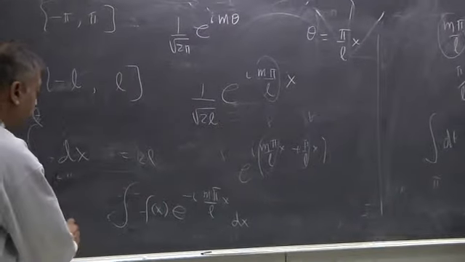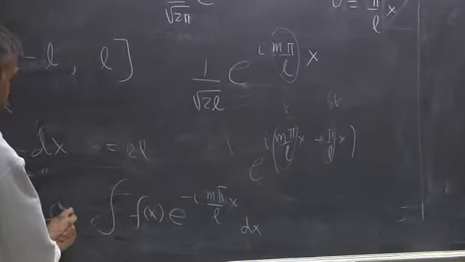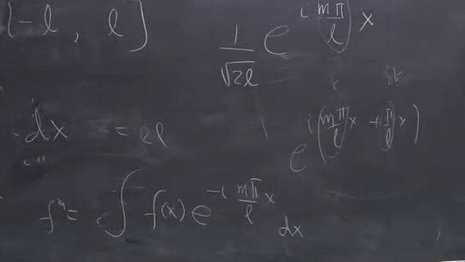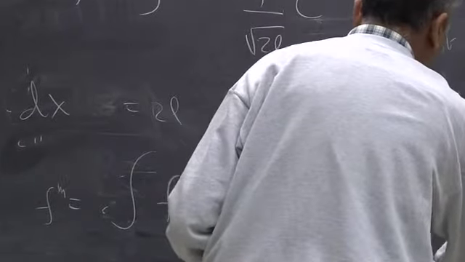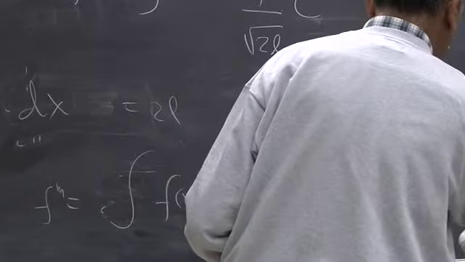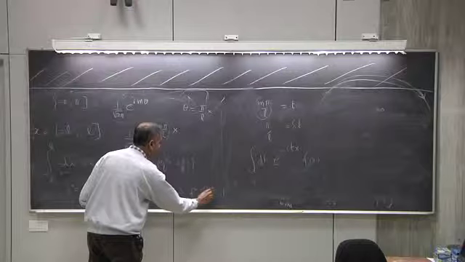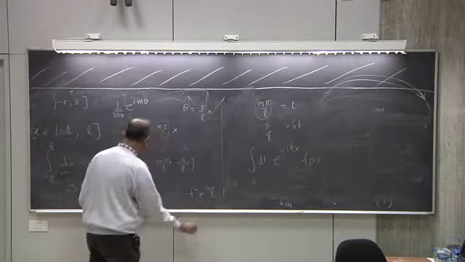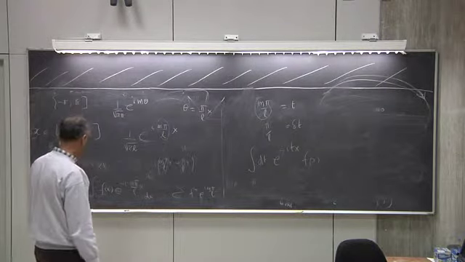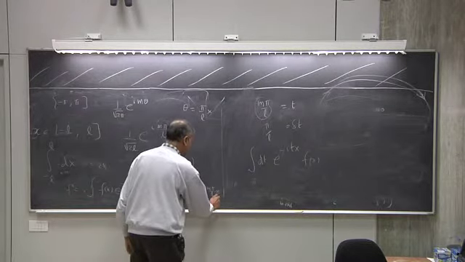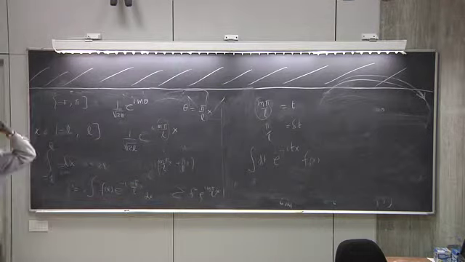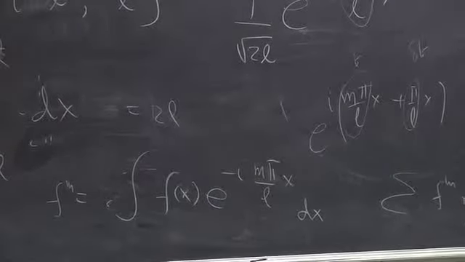That gave us the Fourier coefficients f_m, right? And then we consider the sum f_m e to the power of i m pi by L x. This is supposed to give me back f of x, right? This is the Fourier series.